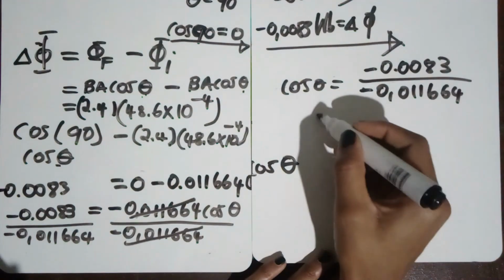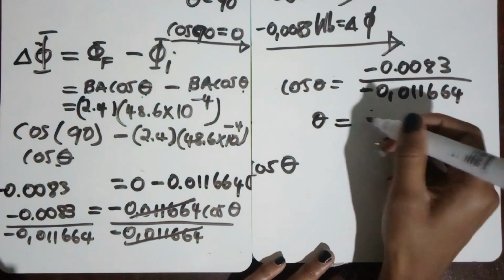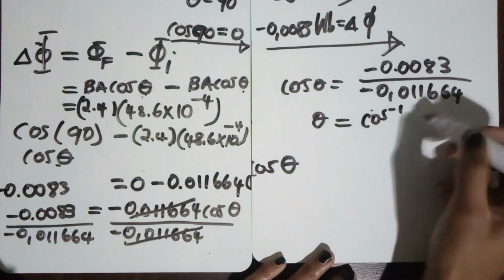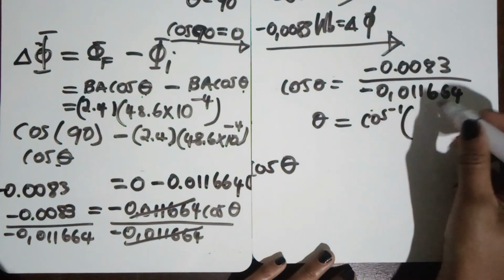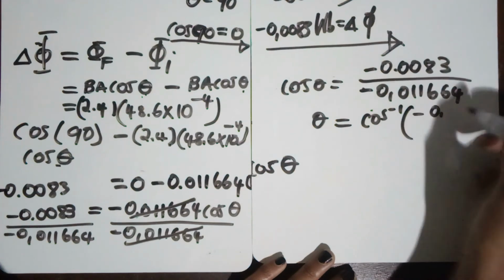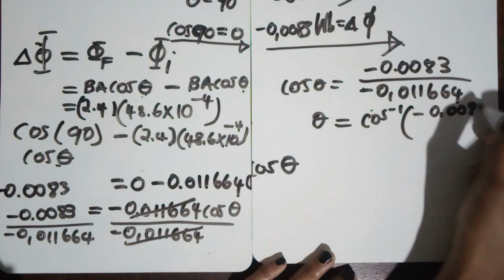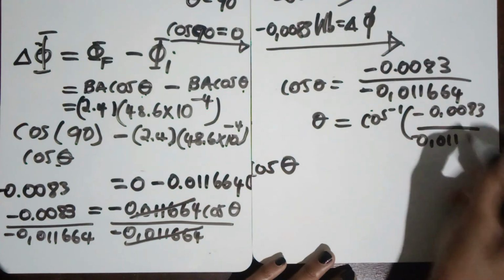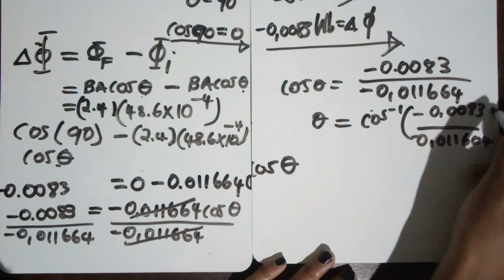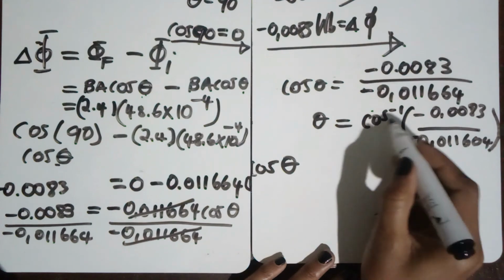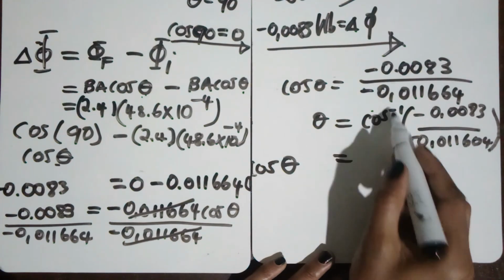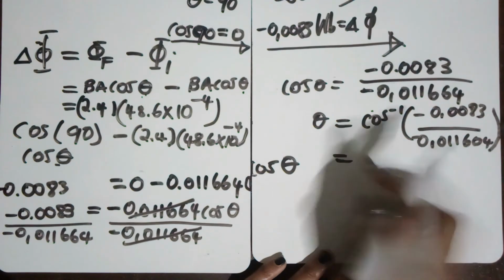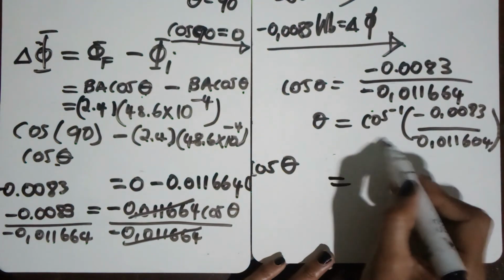And then to find theta, we just take the arc cos. So you say cos to the power of -1. You put this entire thing in your calculator: negative 0.0083 divided by negative 0.011664. So this is your arc cos. You press shift and then the cosine button on your calculator.